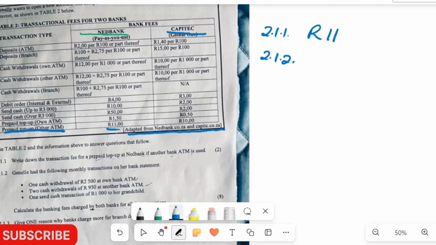Janelle had the following monthly transactions on a bank statement. 1.